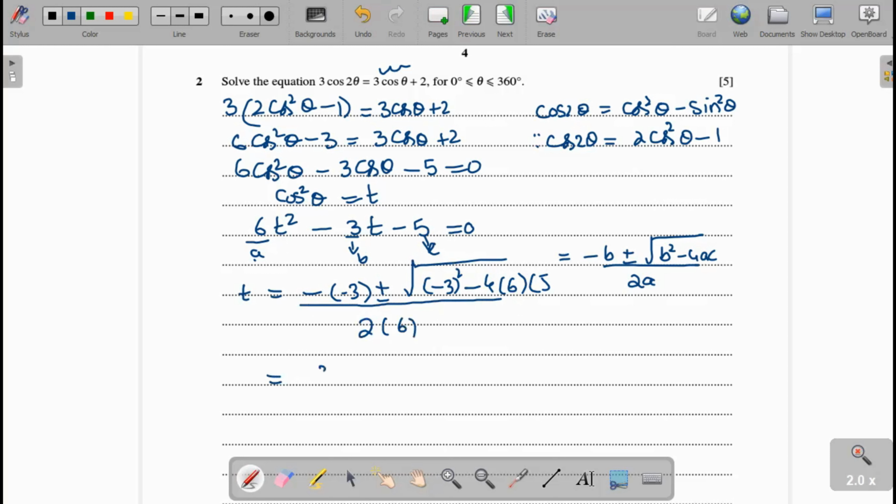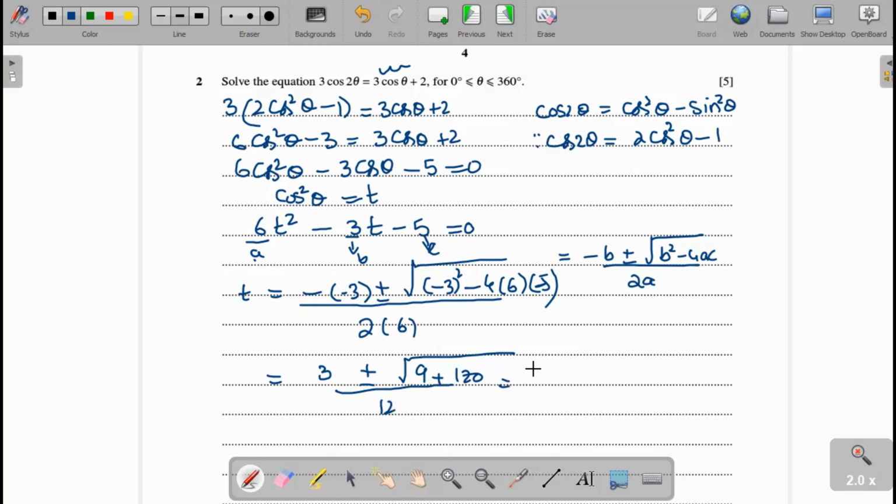Now this equation becomes 3 plus minus square root of 9, that is minus 5, and 9 minus minus plus 5 for the 20, 129 over 12.